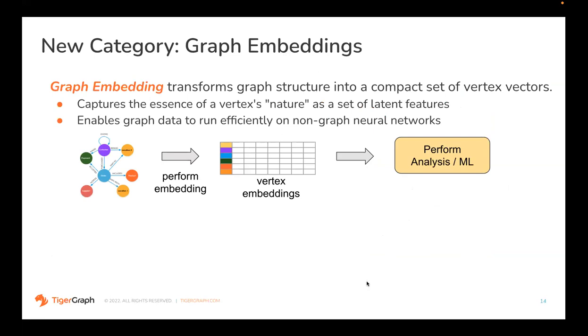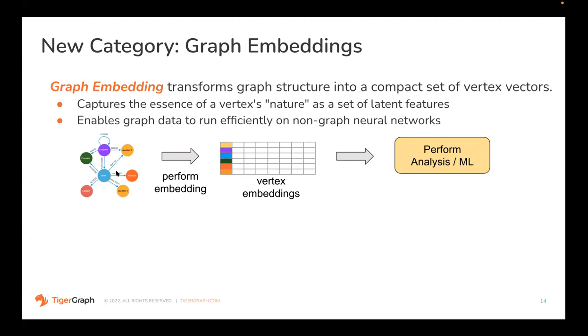The second new category is graph embeddings. And this is exciting, and this really gets into machine learning. A graph embedding transforms this graph structure. It looks at the connections, performs some global analysis, so to speak, and then it transforms it into the individual vertices. That's why I have these colors.